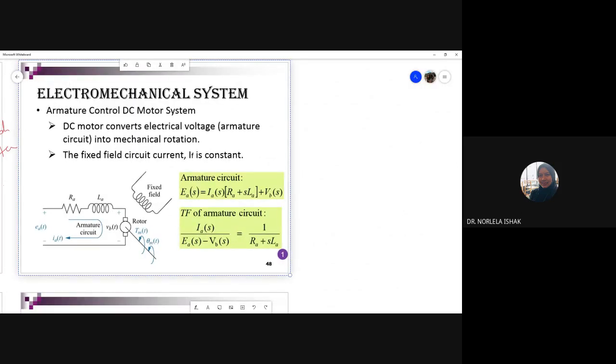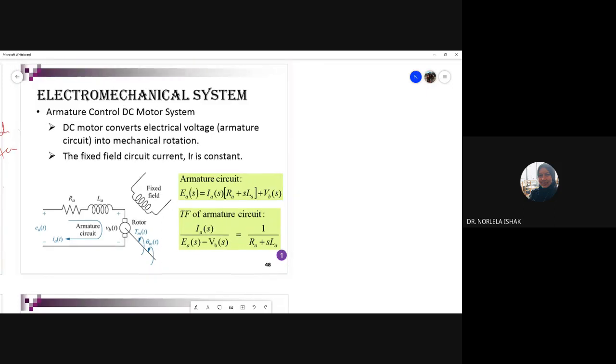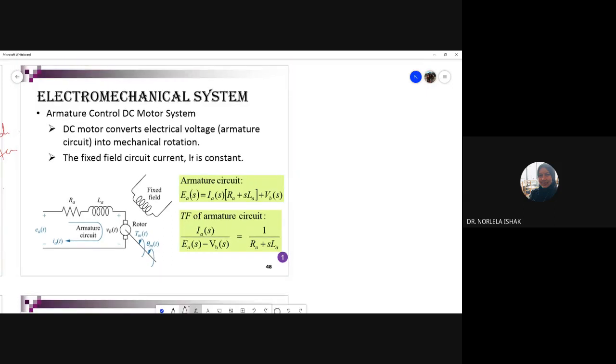Okay, first, let's say you have to define the transfer function. Let's say I give you the overall transfer function to define: angular displacement is our output, and our input is EA.